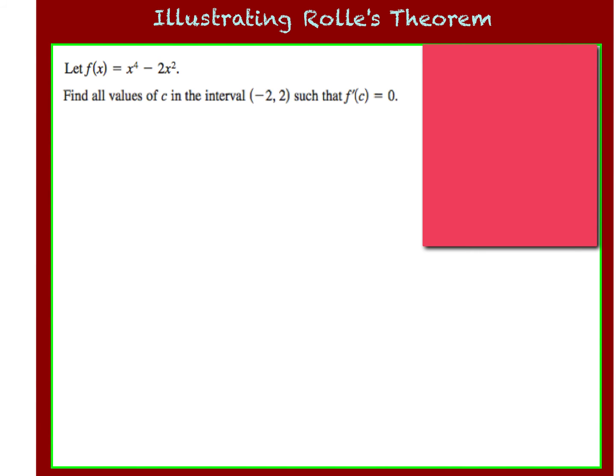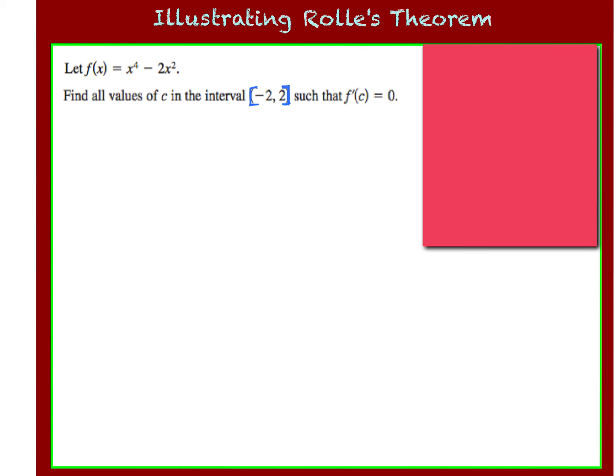So now we have the function x to the 4th minus 2x squared. And we need to find all the values on the interval negative 2 to 2 such that f prime is equal to 0. So basically they're saying, use Rolle's theorem. All right? That's really what they're saying.